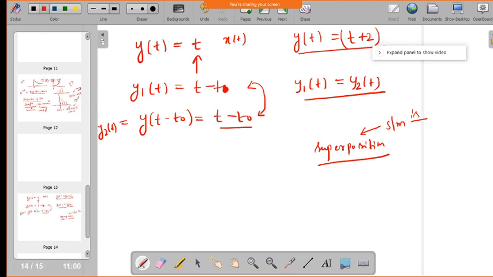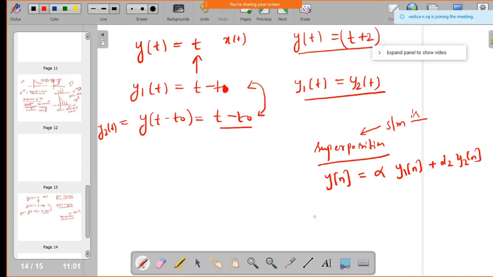That means your y of n should be equal to alpha into y1 of n plus alpha into y2 of n, if you have y of n equal to x1 of n plus x2 of n.